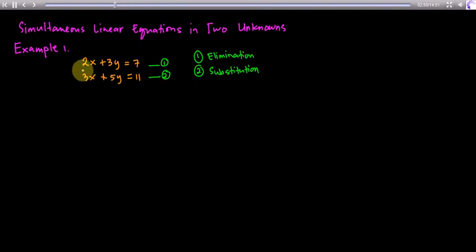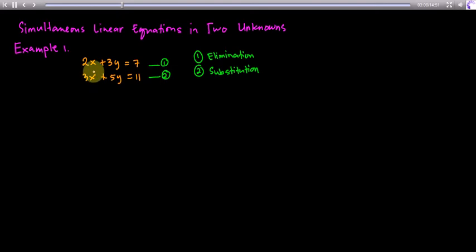But of course, as you observe here, 2x plus 3y equals 7 and the other one, 3x plus 5y equals 11. There are no exactly the same terms here, right?